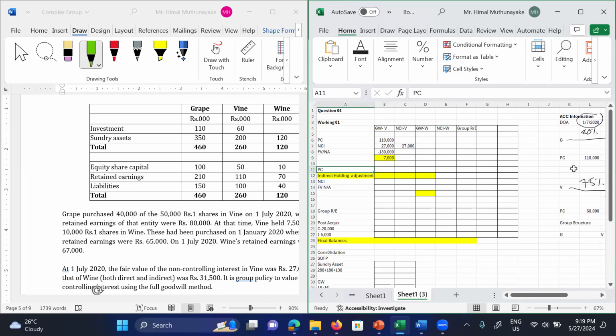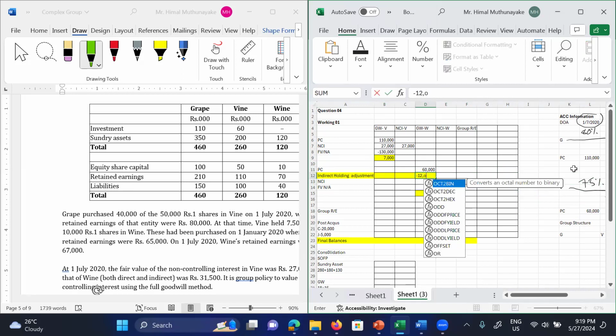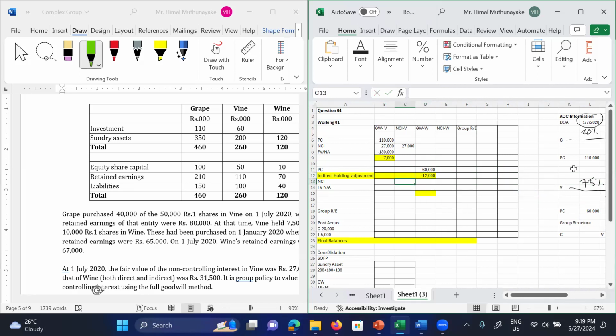Then moving on to the goodwill of company W. Purchase consideration would be 60,000, right? Out of this 60,000, we need to take only the 75%. That means you need to remove the 25% of this 60,000, which is 12,000, and you need to get it to the NCI.